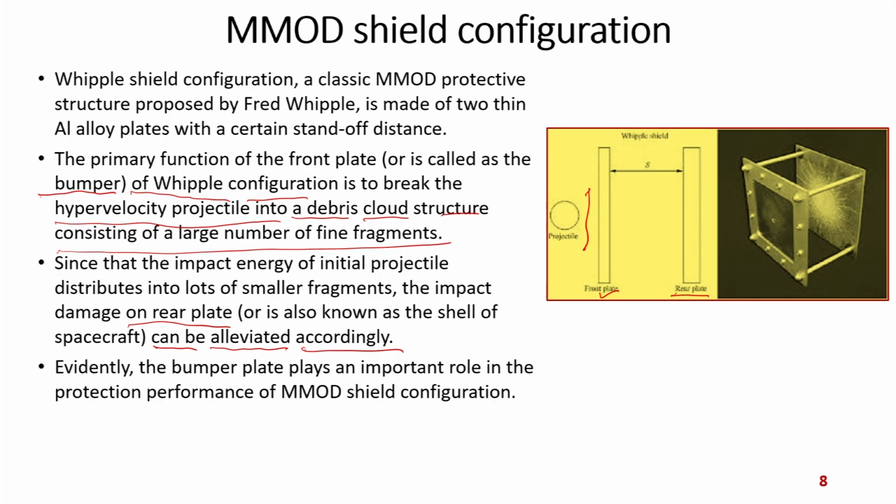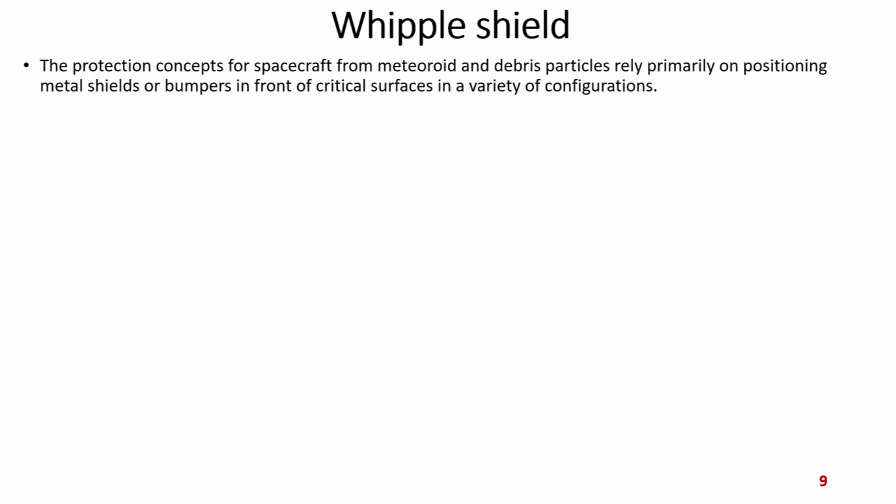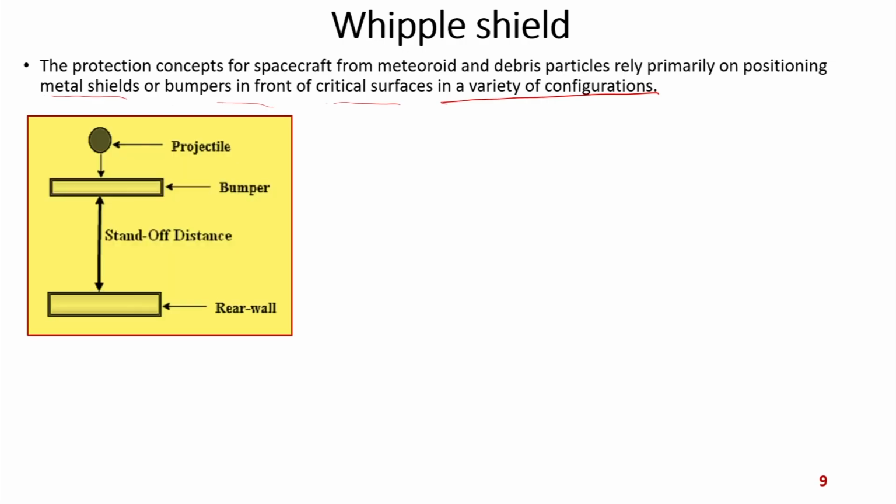Evidently, the bumper plate plays a very important role in the performance of the micrometeoroid shield configuration. The protection concepts for the spacecraft from meteoroid and debris particles rely primarily on positioning metallic shields or bumpers in front of the critical surfaces in a variety of configurations. I showed you only two surfaces, but it can be multiple layers.